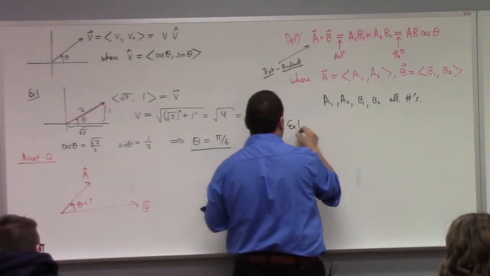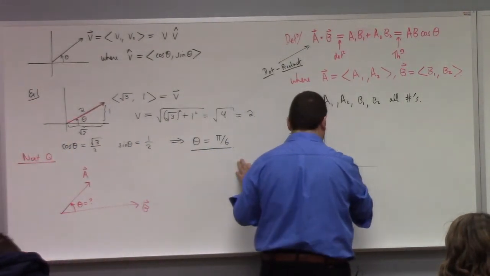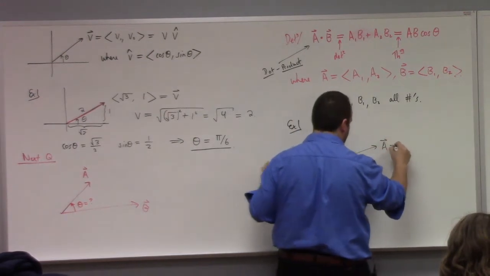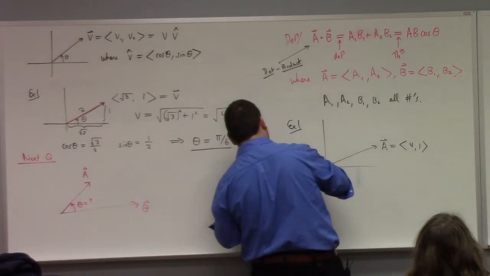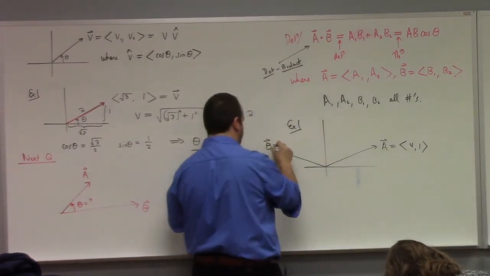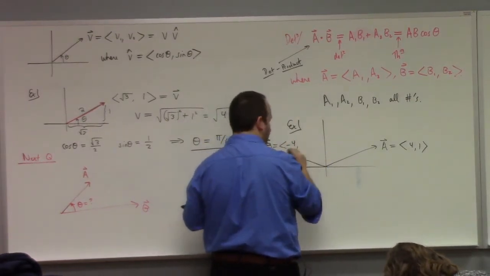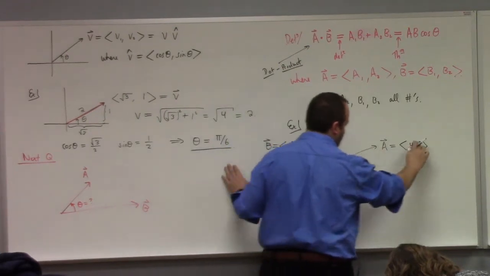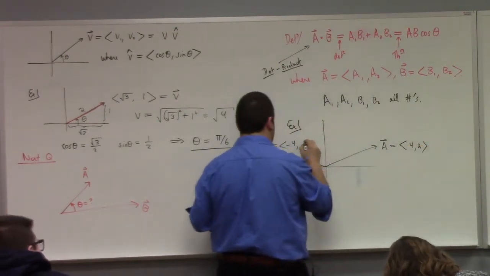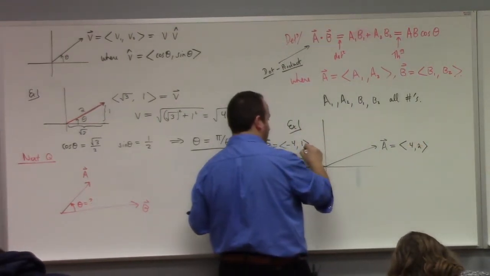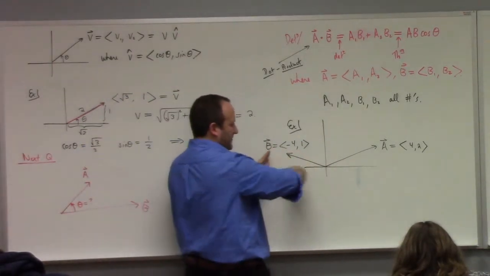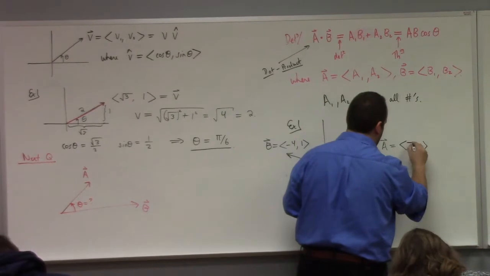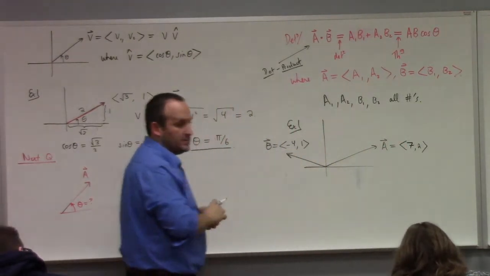So for example, this could be A. Let's say that's 4, 1. And B might be over here somewhere. B would be like minus 4, 1. Oh, and let's see, I messed it up. This is maybe 7, 2, right? There, something like that.